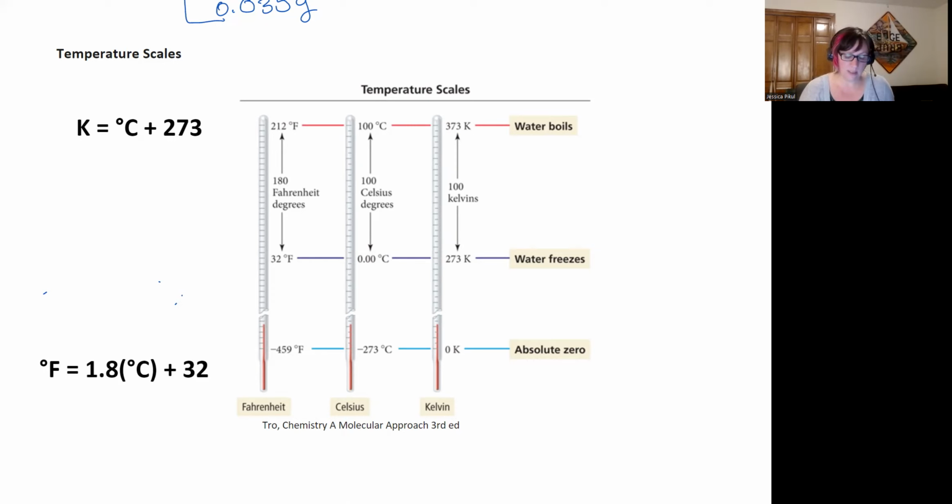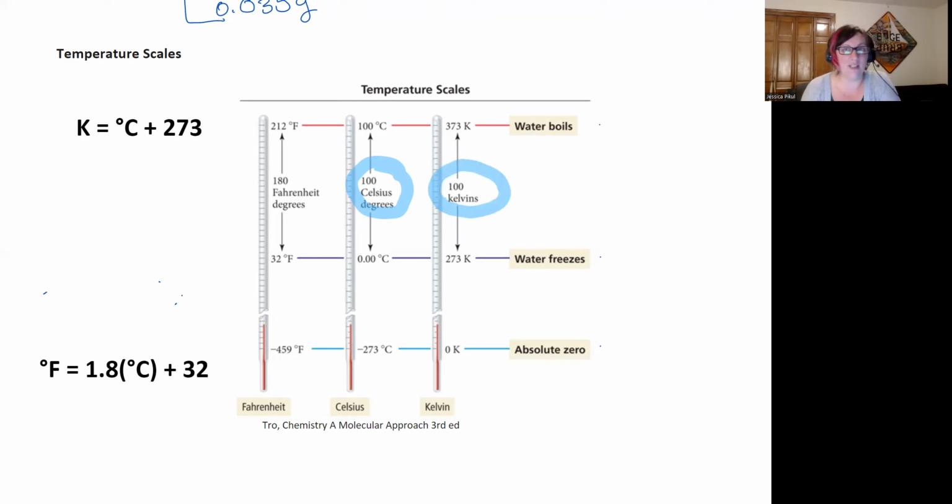And if we look at them on a scale and think about absolute zero, water freezing, and water boiling, we can see the difference in what a change of 1 degree means. If we look at Celsius and Kelvin in particular, a 100 degrees Celsius change is the difference between water freezing and water boiling.